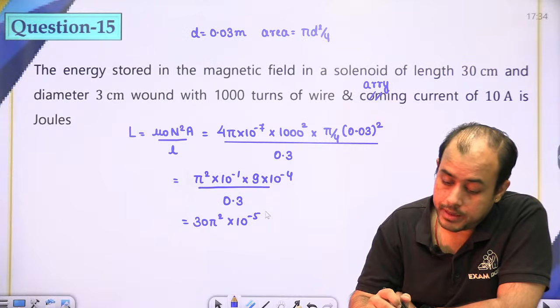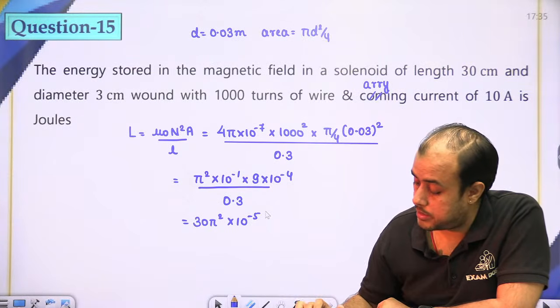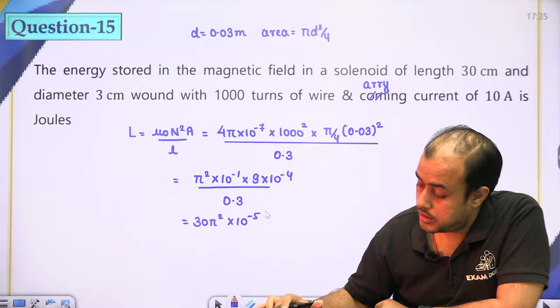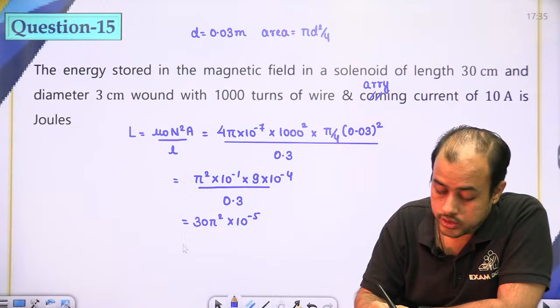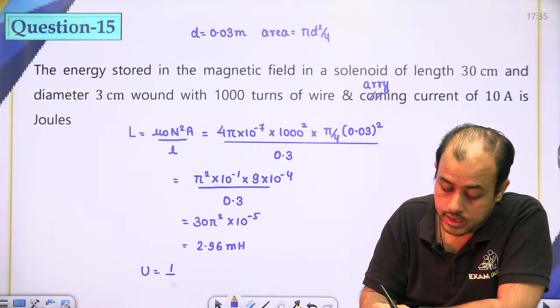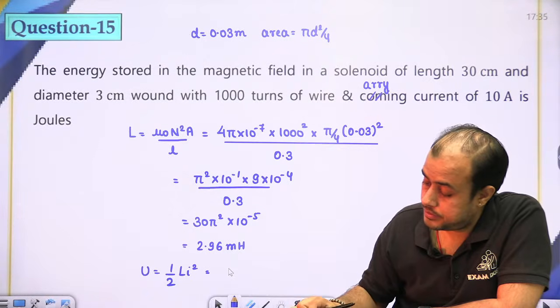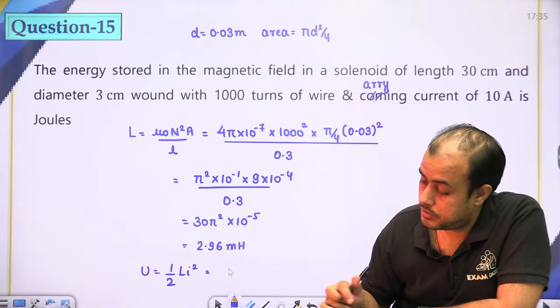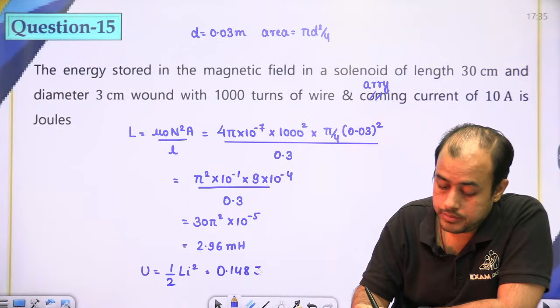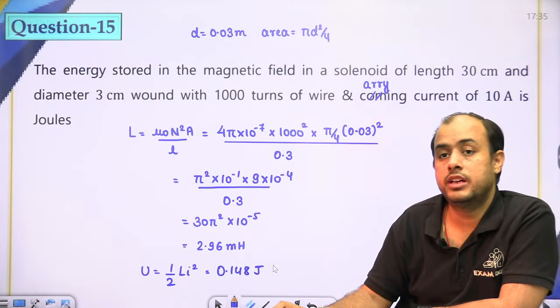If I take pi square as 10, then approximately it will be 300 into 10 to the power minus 5, around 3 milli, actually 2.96 millihenry. Now energy is half L i square, 0.148. Okay, 0.148 joule.